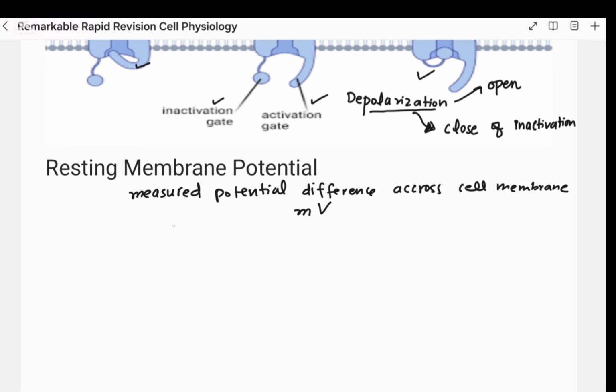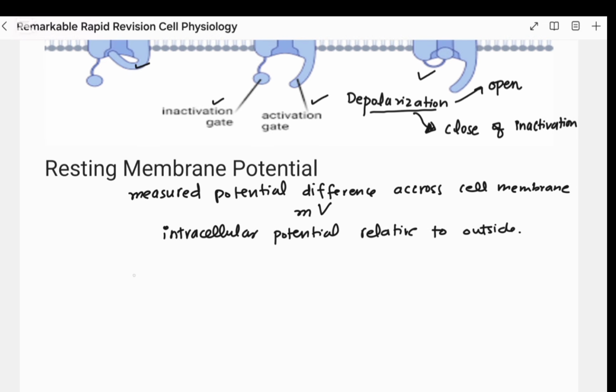It is basically the intracellular potential relative to outside. So if there is a resting membrane potential of minus 70 millivolt, it is 70 millivolt cell negative.